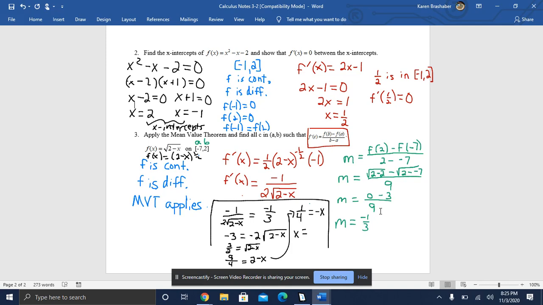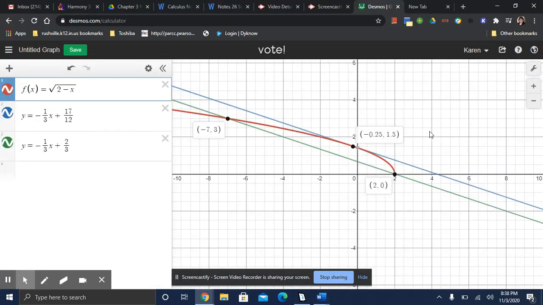So positive x would be equal to -1/4. And -1/4, according to the mean value theorem, should be in the interval between -7 and 2. And it is.